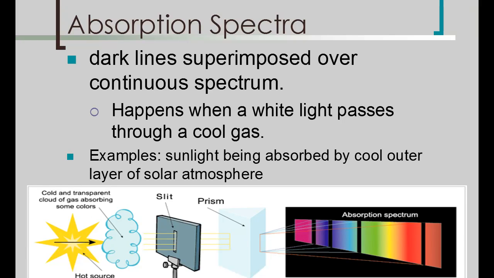And so it absorbs those, and the rest continue to carry on through the atmosphere. And so we get a chance to see which wavelengths of light that particular gas is attracted to.